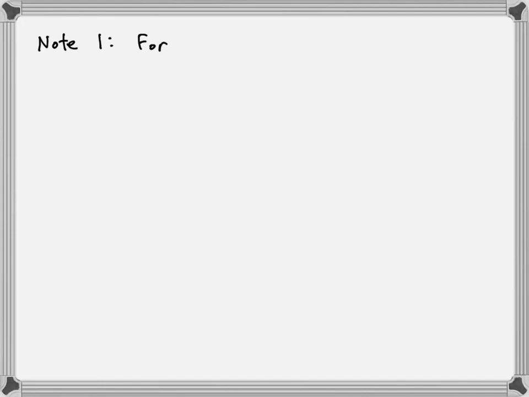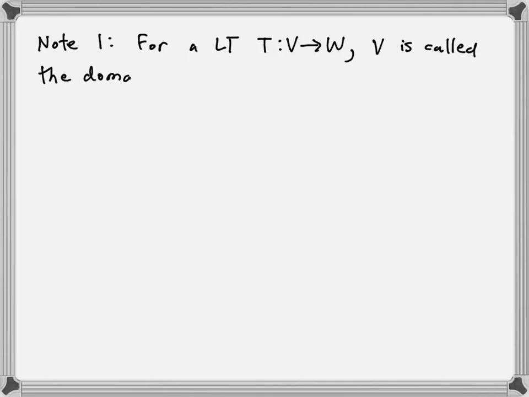For a linear transformation T, which goes from V to W, V is called the domain of T, and we don't use the word range in this class, but we are going to use the word codomain.